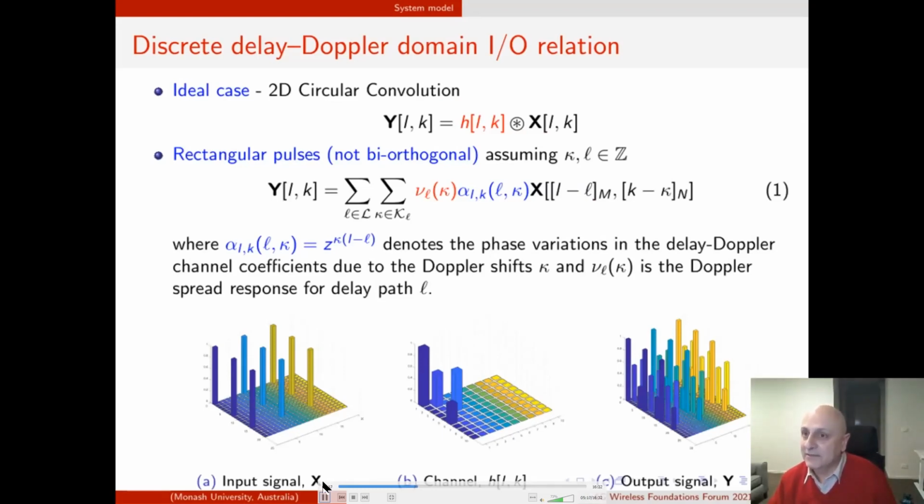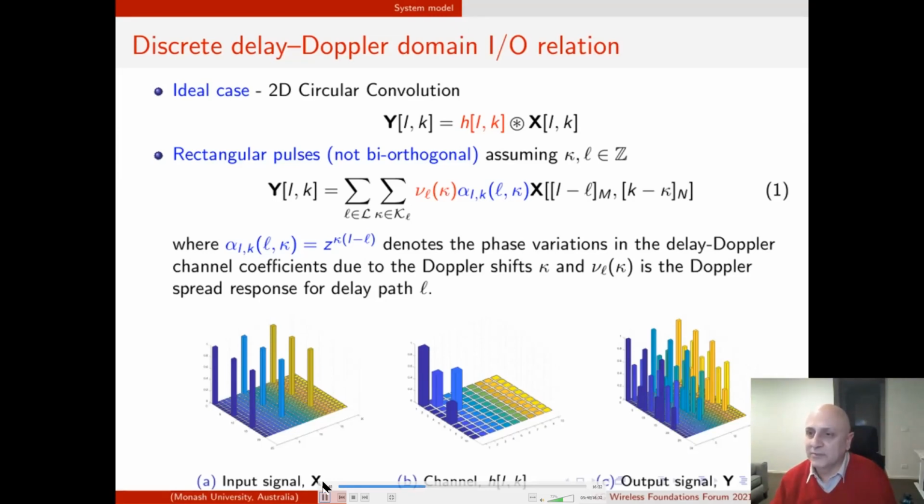So in the special case where the pulses are rectangular, we have a simple input-output relation in the delay-Doppler domain, which resembles this two-dimensional convolution, with an additional twist due to these phase corrections, which modify the two-dimensional circular convolution into this twisted two-dimensional circular convolution.